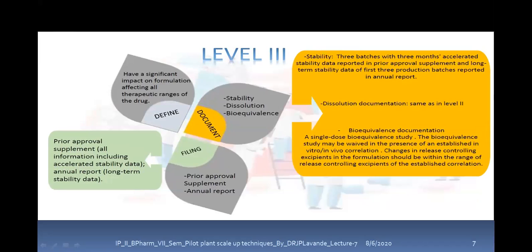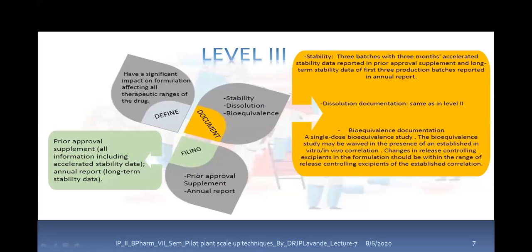Here a bioequivalence document is required, whereas in case of level 1 and level 2 the bioequivalence document is not required. So for stability, 3 batches with 3 months accelerated stability data reported in post-approval supplement, and long-term stability data of first 3 production batches should be reported in the annual reporting.